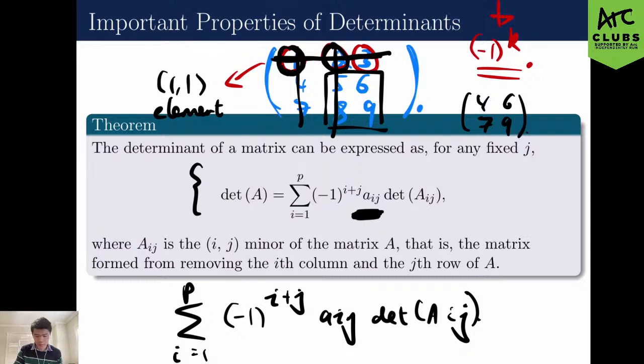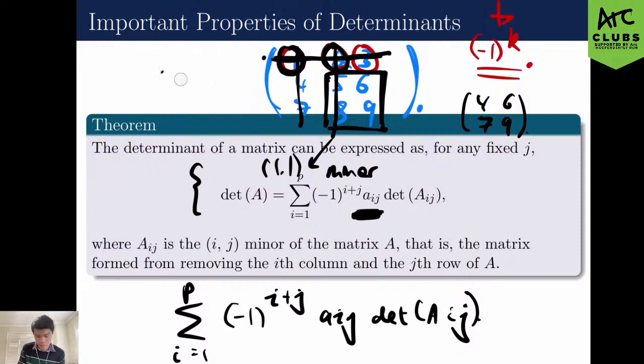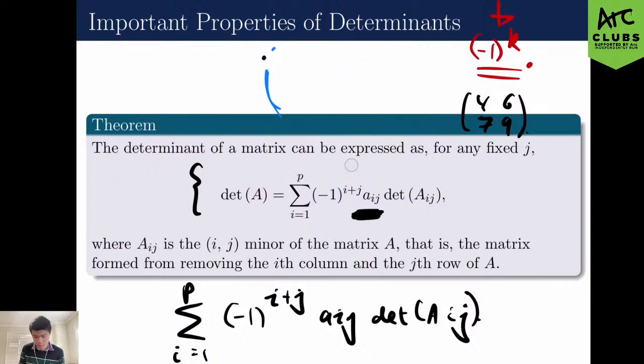So this circle and this square, this is the 1, 1 element, and this is the 1, 1 minor. And why do we care about that? Well, basically what we're doing when we're computing determinants, I'll just redraw this.